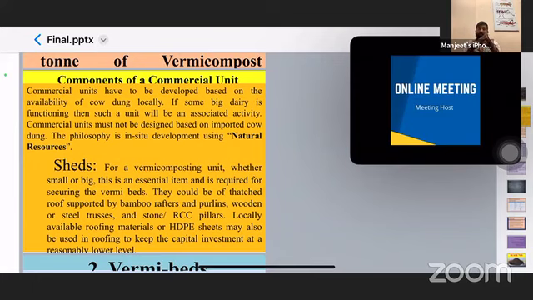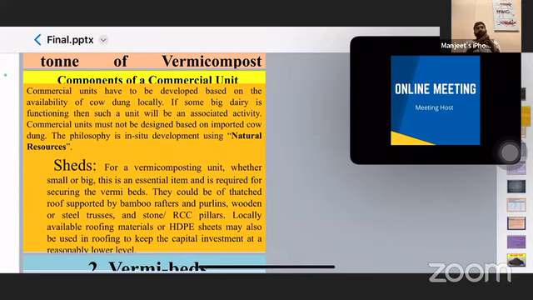A commercial unit must not be designed based on imported cow dung, because this will create an additional input cost. So the philosophy is in situ development using natural resources. Our vermicompost unit should be based on free of cost input, like dung, which is the main component of vermicompost.